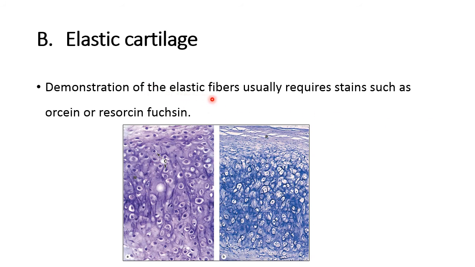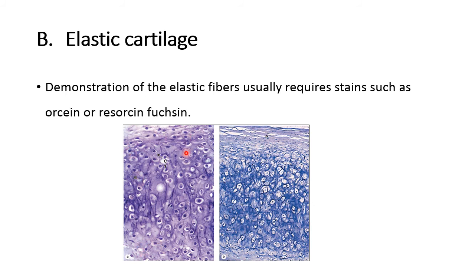Demonstration of elastic fibers usually requires special stains, such as orcein or resorcin fuchsin. On the left side, this is orcein. On the right side, this is resorcin fuchsin.